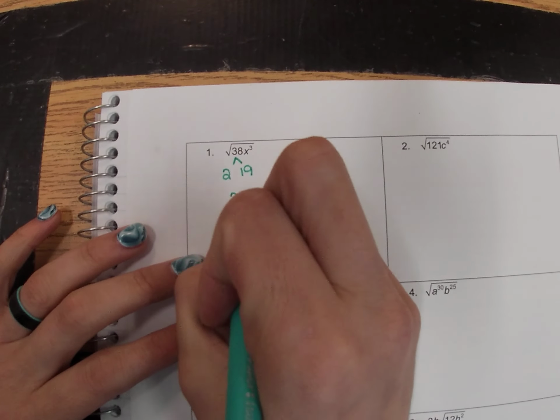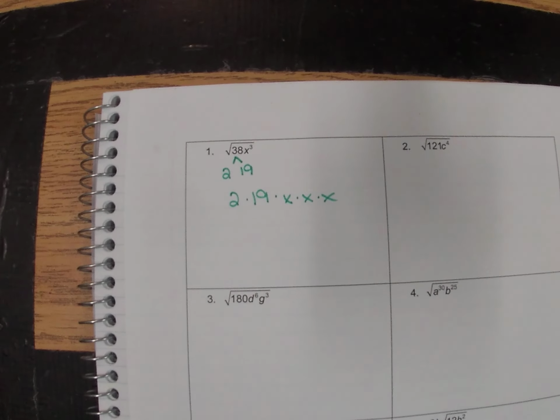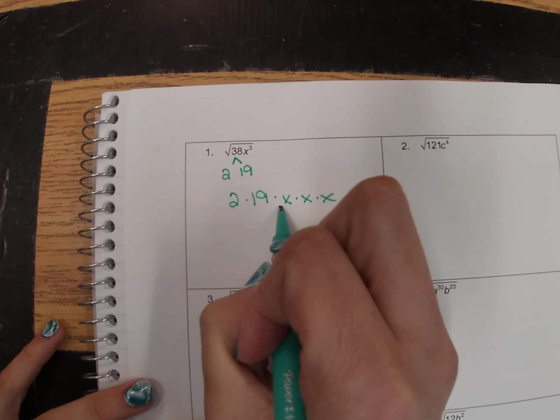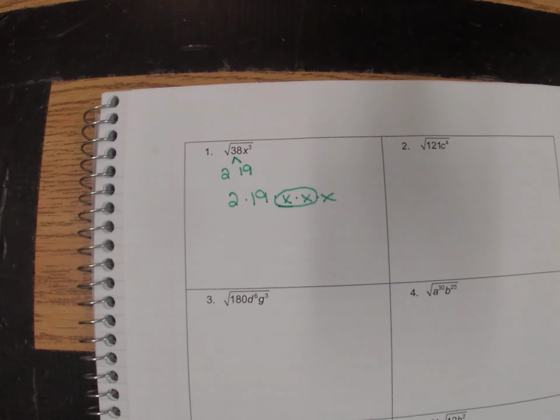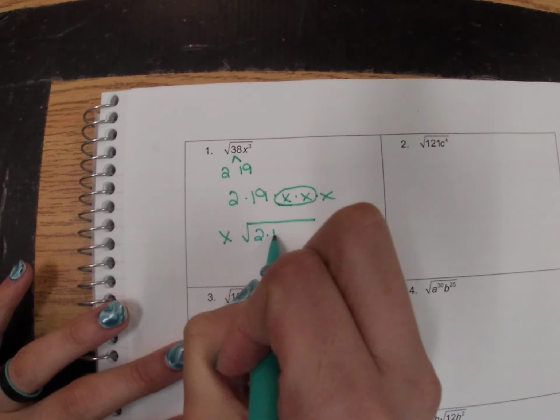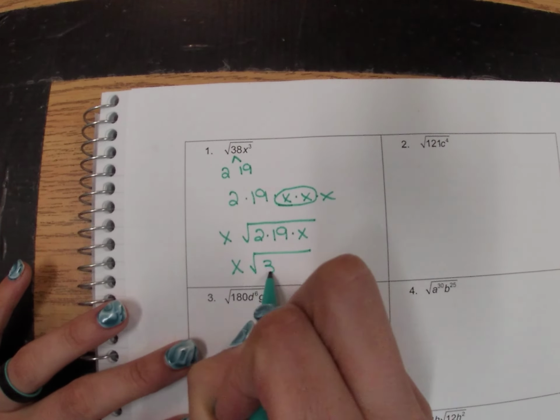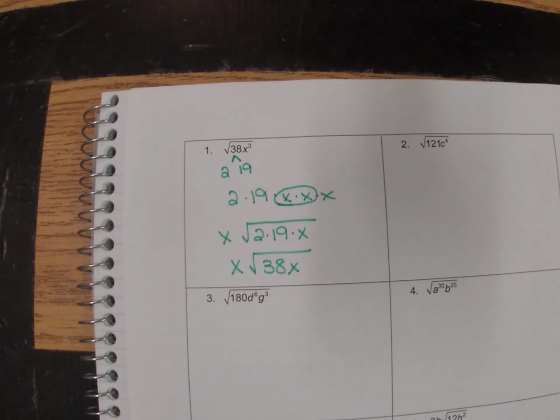So we really need 2 times 19 times x times x times x. So we have a pair of x's. So that x comes out in front. The 2, the 19, and the x stay inside. So we'll have x square root 38x.